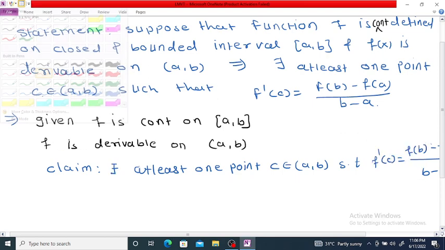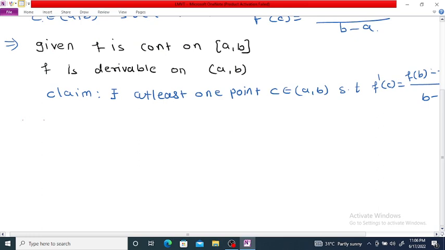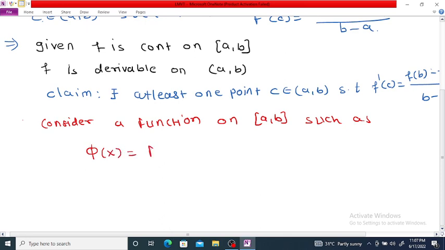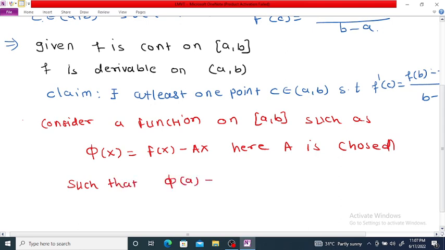Now to prove this, first of all we consider, or define, a function on the closed bounded interval [a, b] such that phi of x is equal to f of x minus a x, where a is a constant chosen such that phi of a is equal to phi of b.